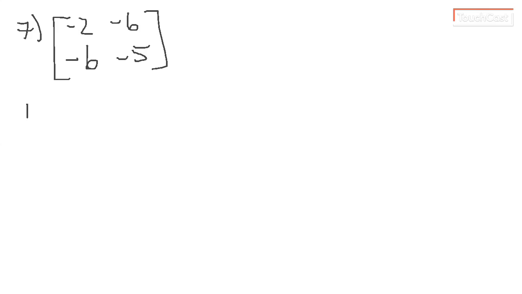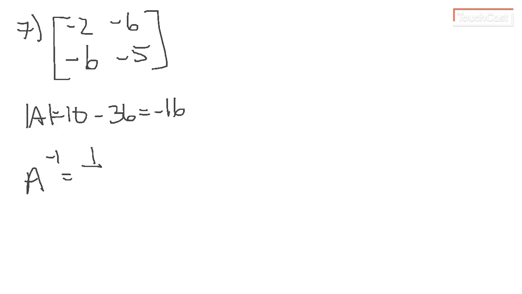So we're going to find first the determinant. We go negative 2 times negative 5, that's 10. Minus negative 6 times negative 6, so 10 minus 36, that's negative 16. So to find the inverse, we're going to take 1 over, correction I need to make on that determinant, it's not negative 16, it's negative 26.